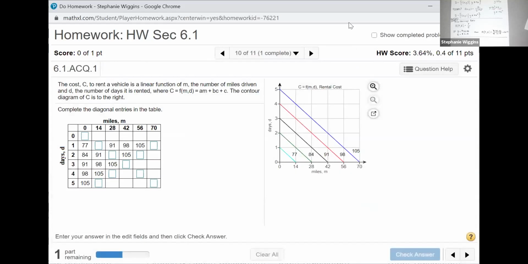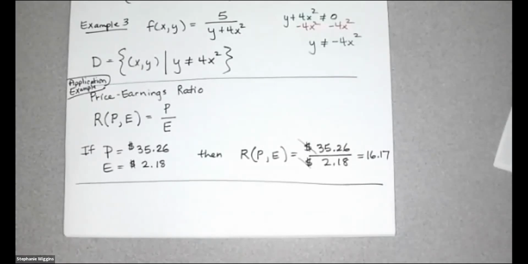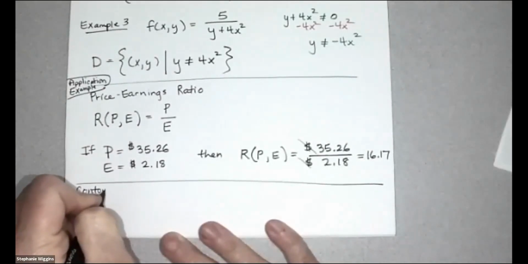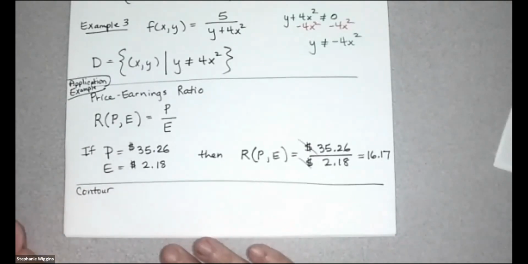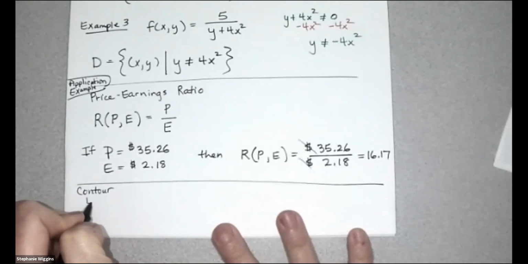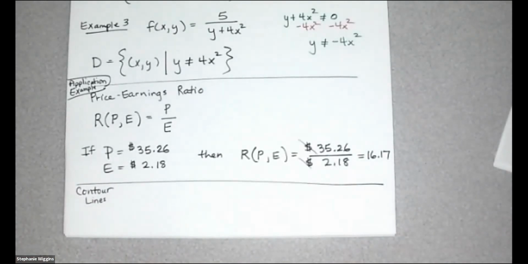Now let me go back to my document, and I'm going to discuss for a minute contour lines. Contour lines, you may have experience with these from a topological map. Let's say you've got a hill, and you want to look at the elevation around that hill.